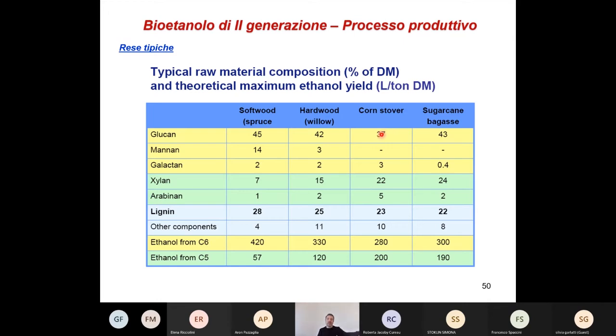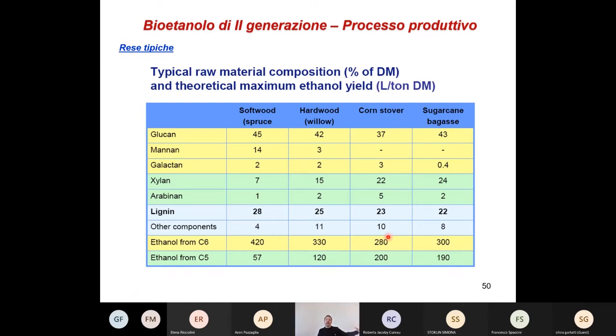Okay, and here you can see the efficiencies are better if you also use, of course, hemicellulose, because this kind of biomass is less recalcitrant.